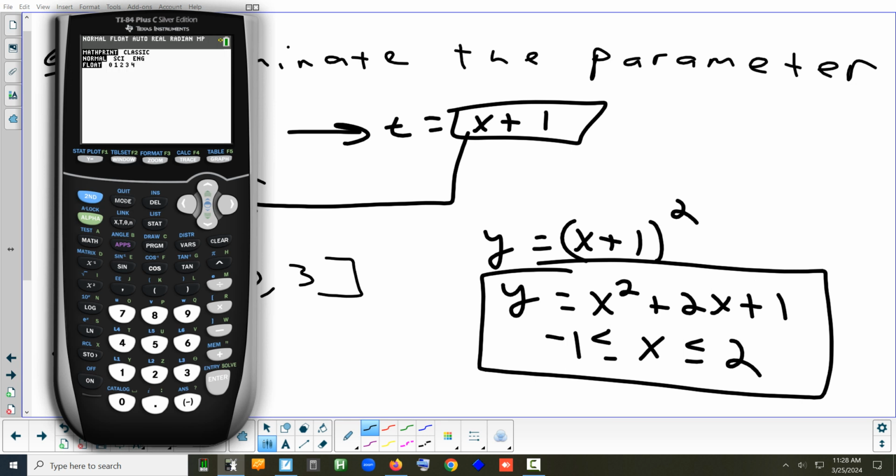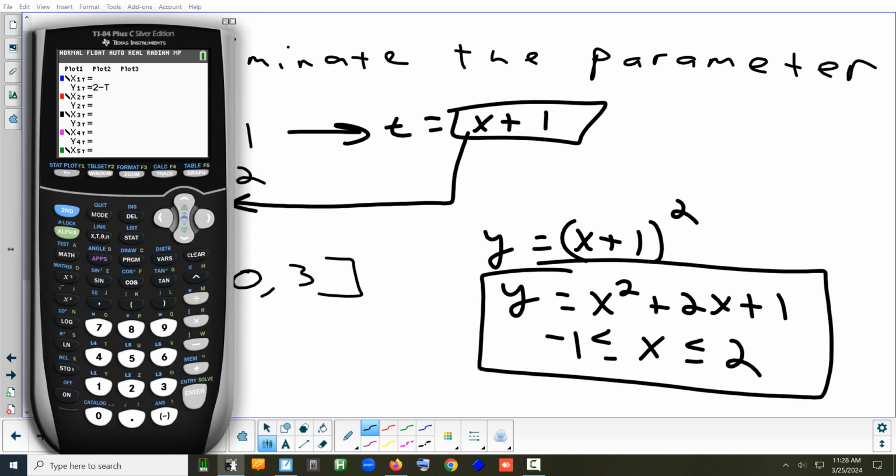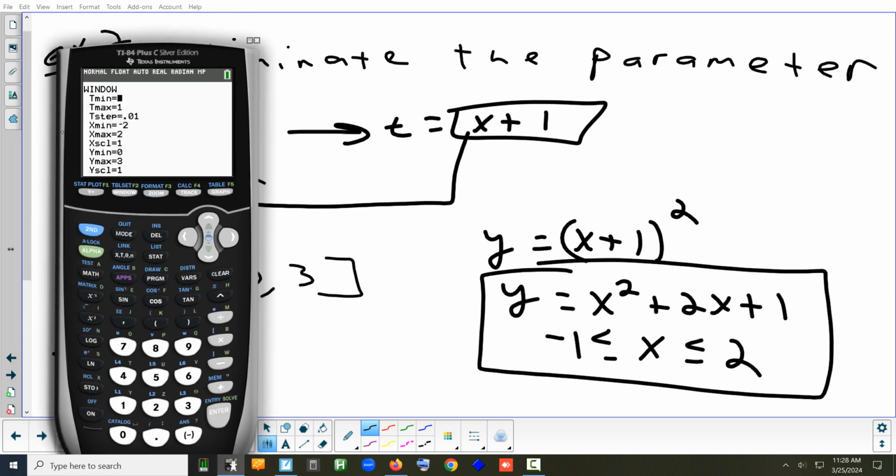Okay, let's draw it parametrically and just see. So I got t minus 1 and t squared. Parameter is 0 to 3. We already figured out the x. It's -1 and 2. So let's do -2 to 3, just a little extra.